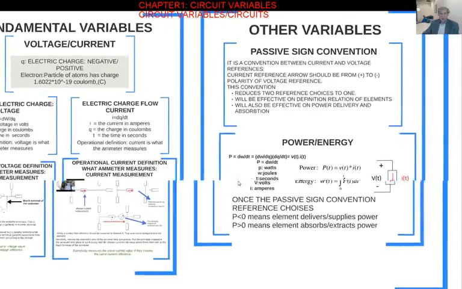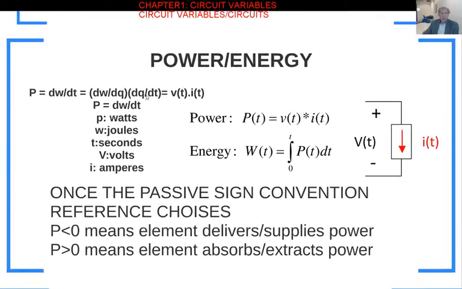That means power is the multiplication of the fundamental variables, voltage and current. So if you consider an element's power, we measure the voltage and current of this element and multiply them, and the result is this element's power.